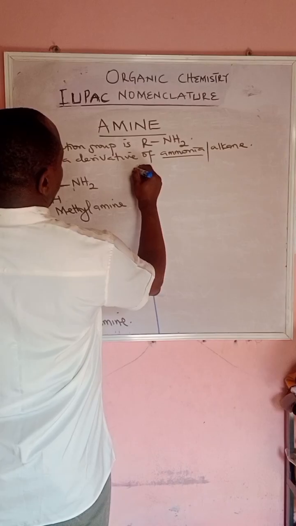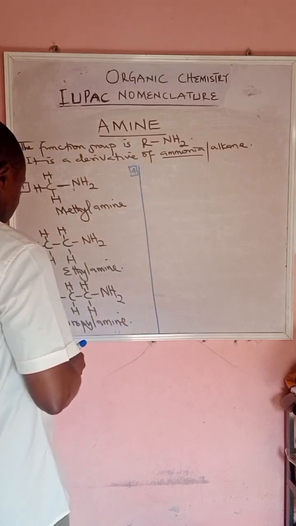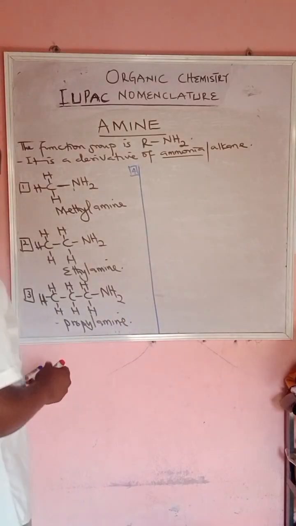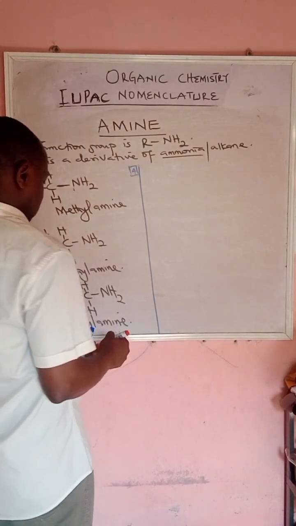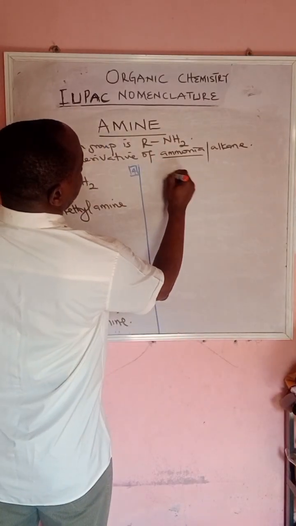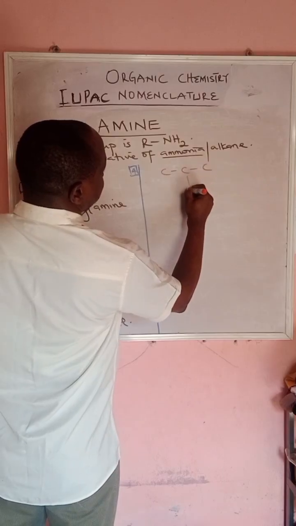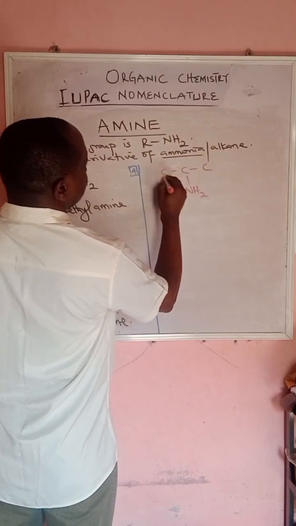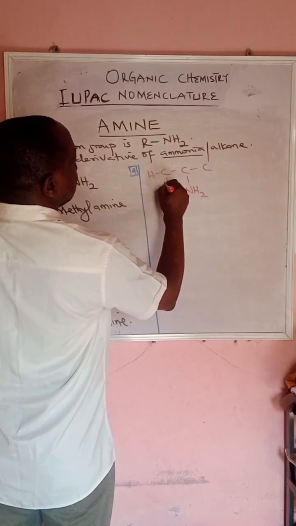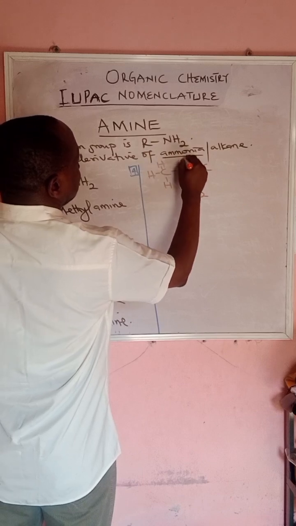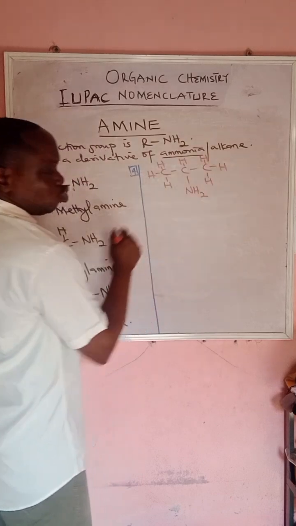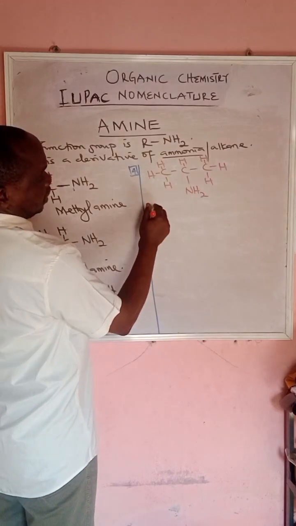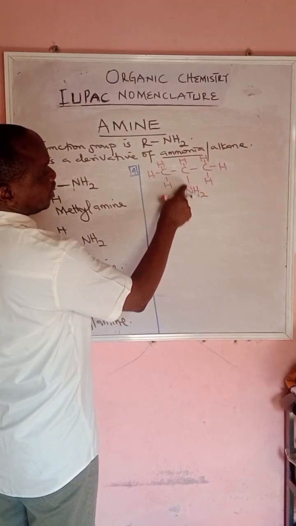Number 4. One, 2, 3. Let's see, you have the amine here. The amine is on carbon 2. So this one we now call, it is attached to carbon 2, either from the left or from the right to the left. So it's on carbon 2.